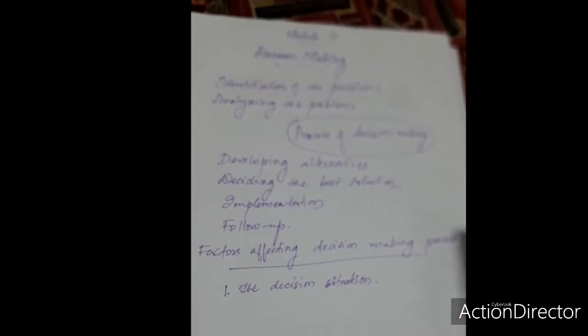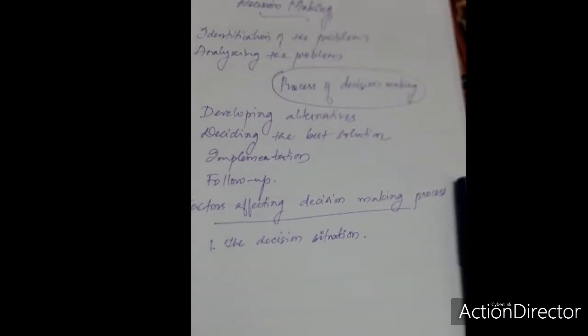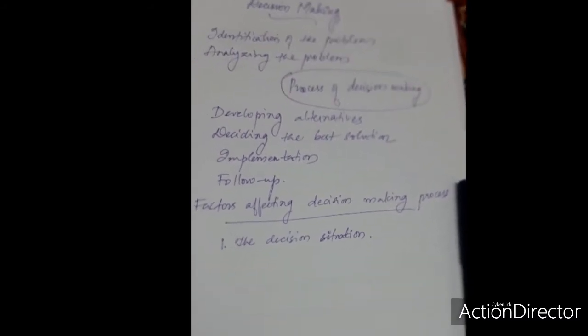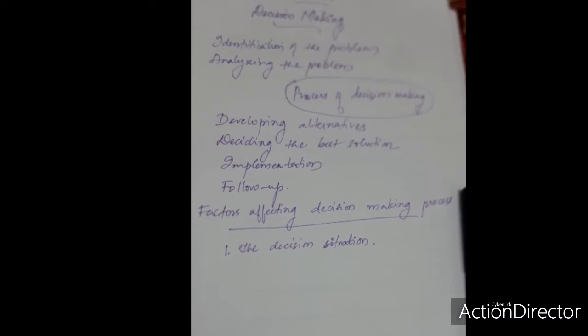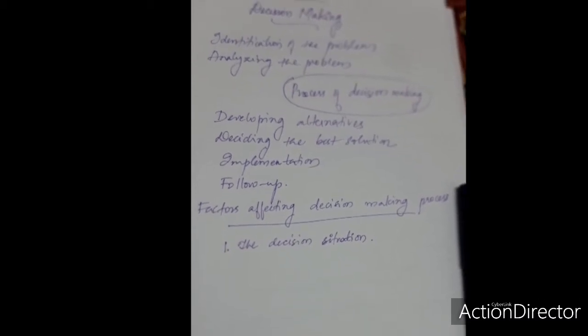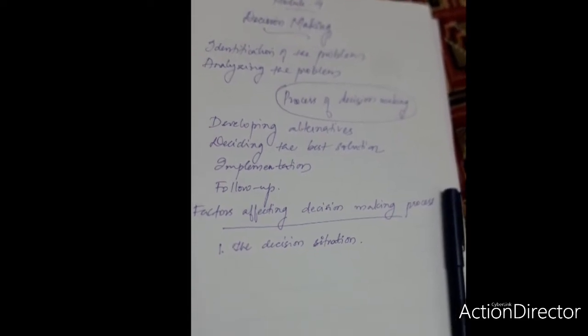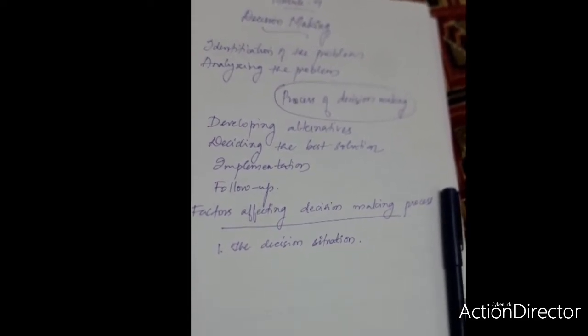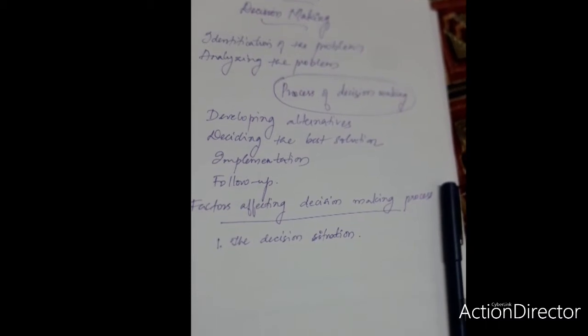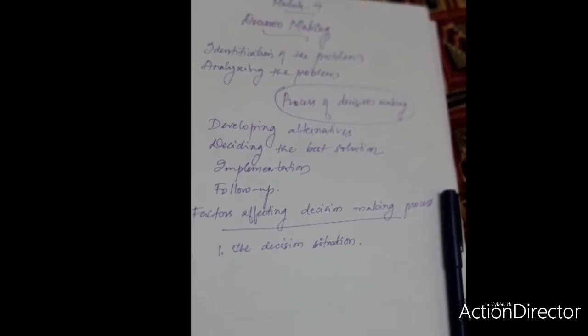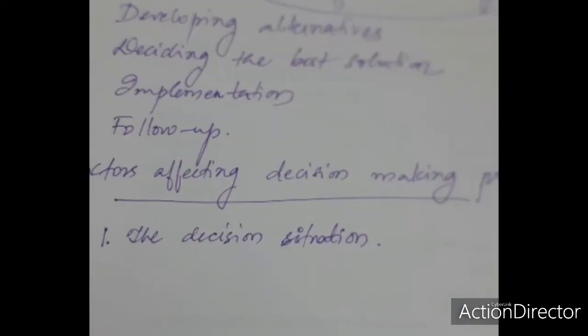So when you talk about the decision situation, when is the decision making actually happening? Or in what situation do we have to make this decision? So there are various elements. For example, there would be a factor of risk or uncertainty or change, which are very common in a decision situation.